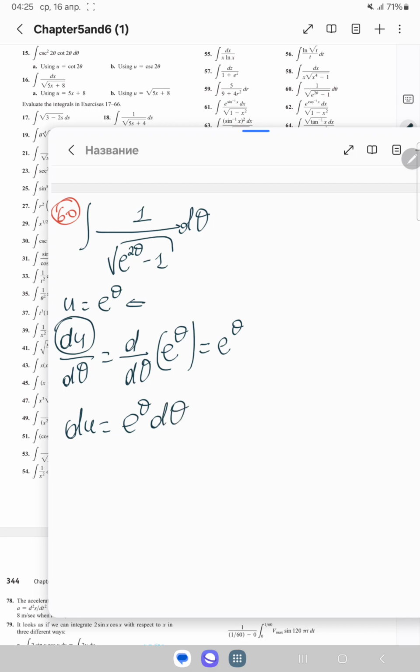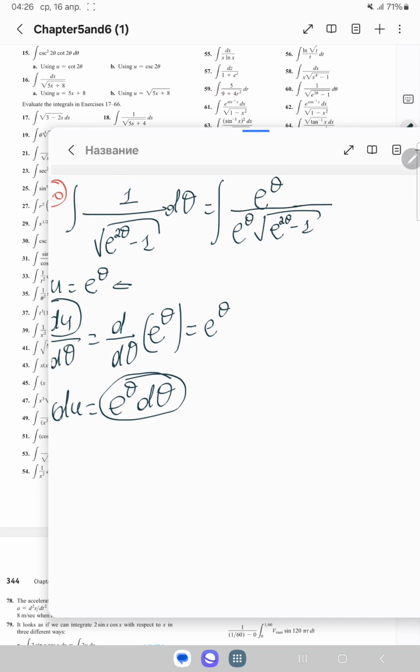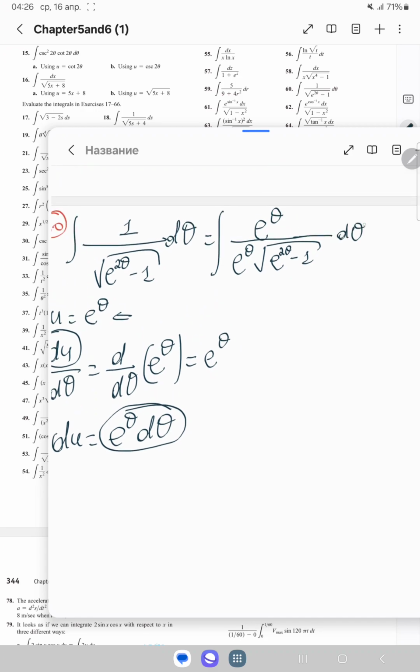What I need is something like this, so I can multiply numerator and denominator by e to the power of theta. Why not? Am I allowed to do that? Yes, you are. Believe me, you are. Minus 1, d theta.